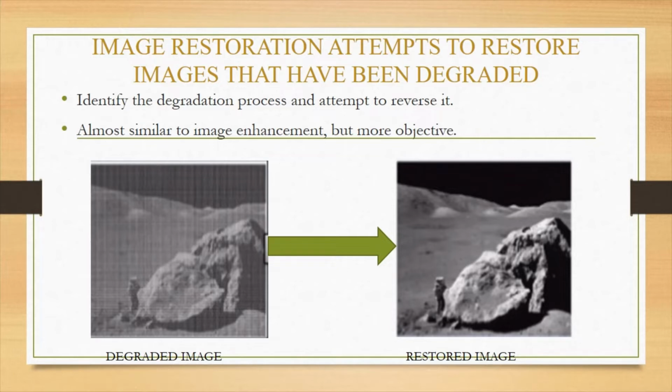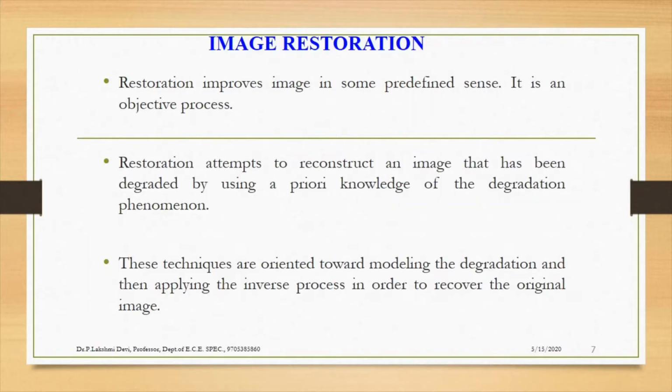This is a small example where we can observe how we can use restoration and what type of results we can extract, from the degraded image quality to the improved quality image at the output. Now, restoration improves the image in some predefined sense. It is an objective process.